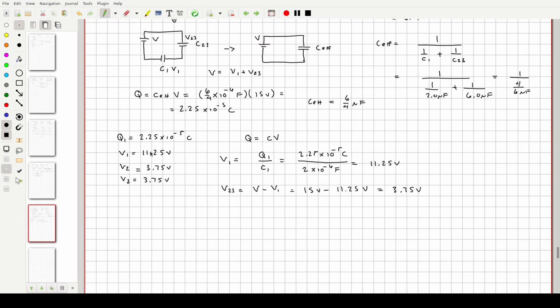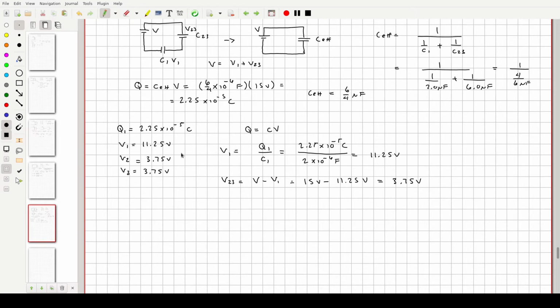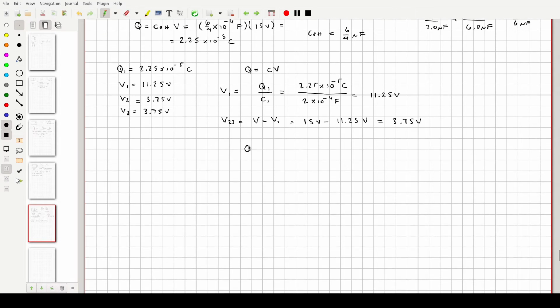Okay, we have Q, V1, V2, V3. Now if I remember correctly, Q is equal to C times V, right? So if I wanted to find Q2, for example, or Q3, for example, Q2 would be C2 times V2.